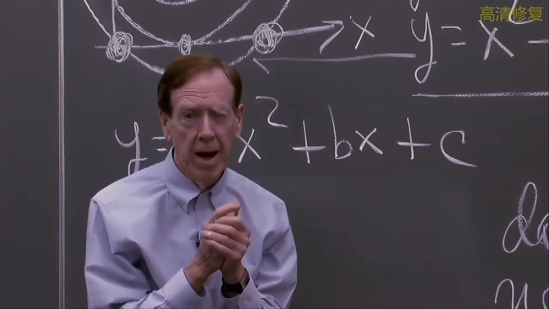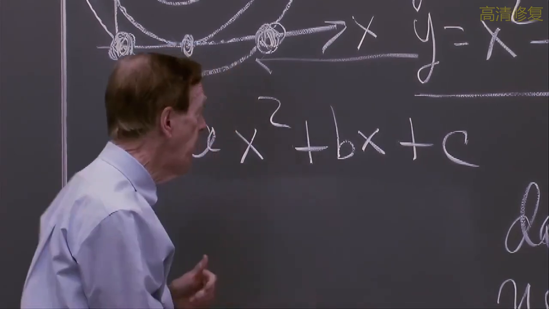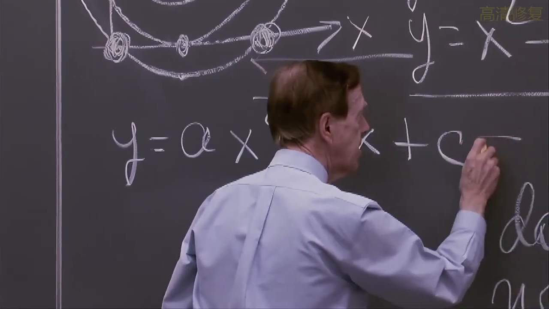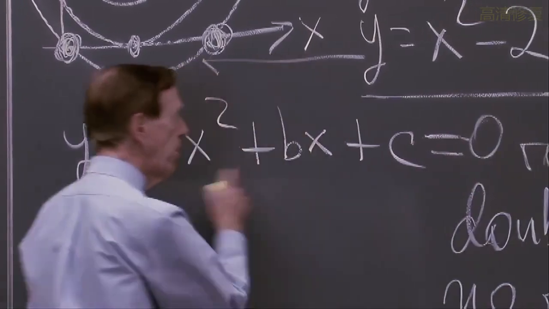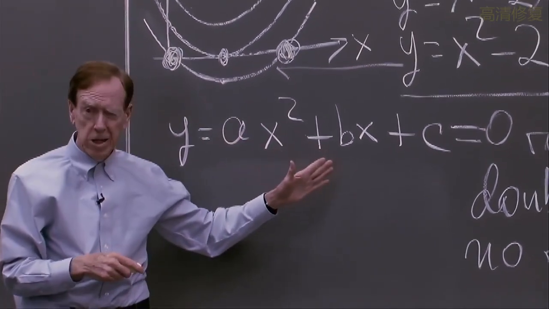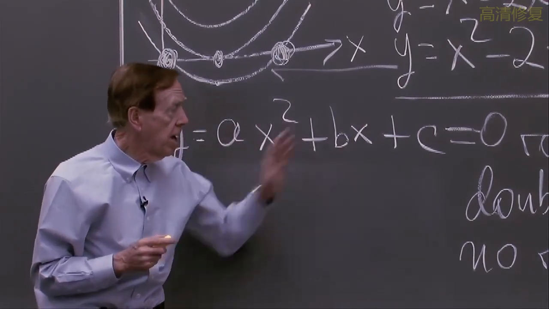In fact, I'm going to have to write down the formula that everybody hates. It's the formula for the roots of this thing. Roots, you remember, I set this to 0, and I look for x. I'm going to find 2 x's, 2 roots, where this thing comes to 0.